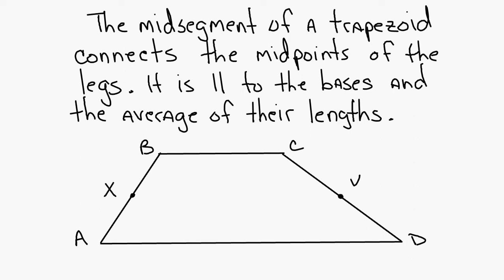We'll call it Y. BC is parallel to AD, so we've got a trapezoid. If we connect the midpoints of the legs, the segment would look like this, and it is called the mid segment. It's called the mid segment because it connects two midpoints.